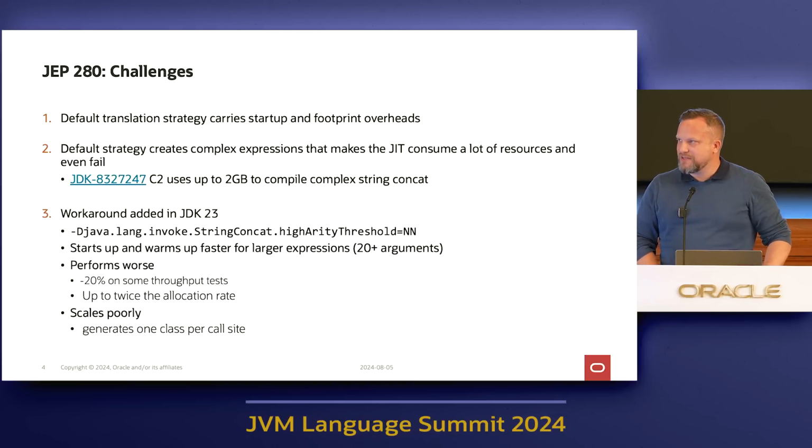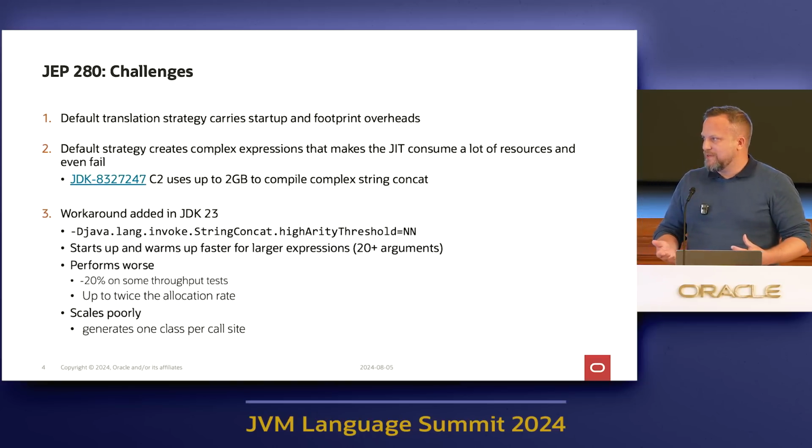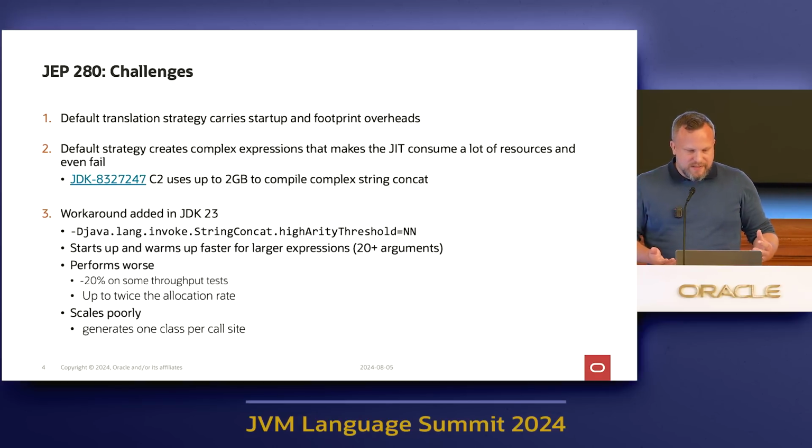We had a bug recently where the C2 JIT uses up to 2 gigabytes of resources to compile. It would use more, but it crashes once it gets even more complex.